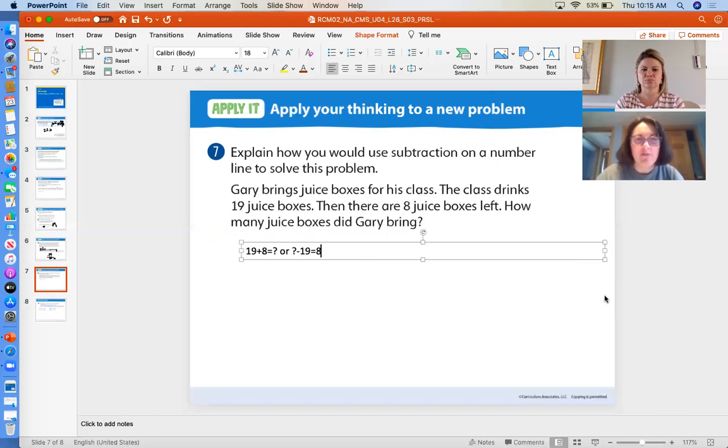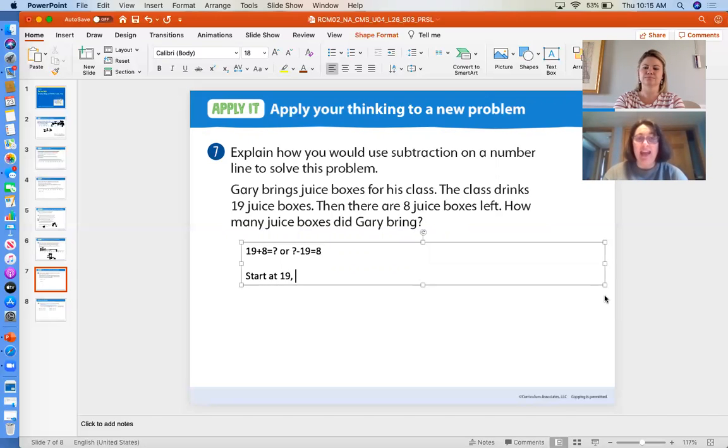And remember, there are lots of different ways we can write that, depending on if we're adding or subtracting, how we want to solve our equation. I did an addition and a subtraction equation, right? So how would you use the number line to solve it then? To use a number line, we would have to start at 19, right? 0 to 19. So start at 19, and then we're going to add 8 more.